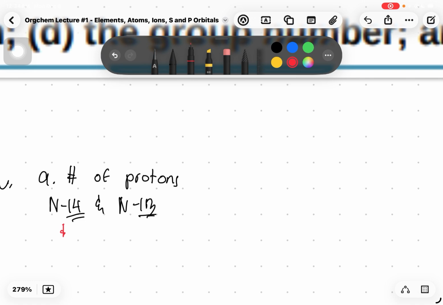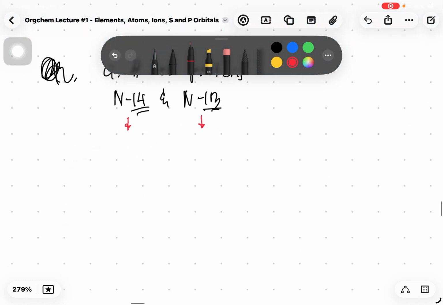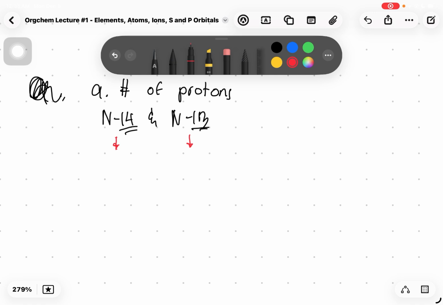So this is nitrogen with a mass number of 14, and this is nitrogen with a mass number of 13. Now how can we find out the number of protons it has? Basically, we can just refer to a periodic table. So nitrogen would be what element on the periodic table? Or rather, what's its atomic number?